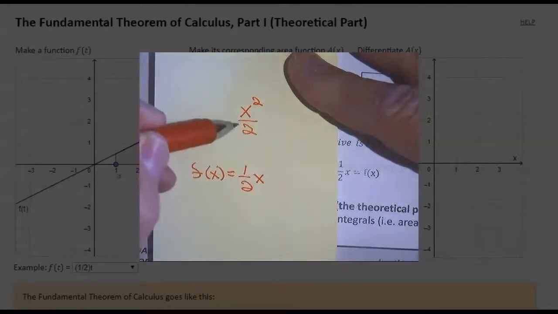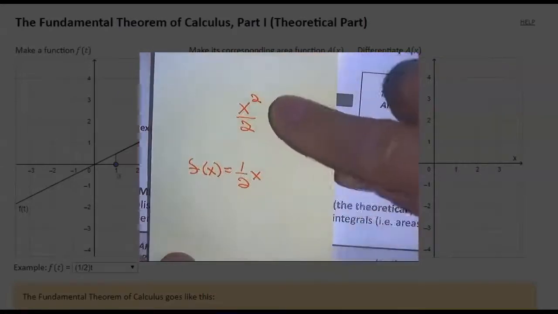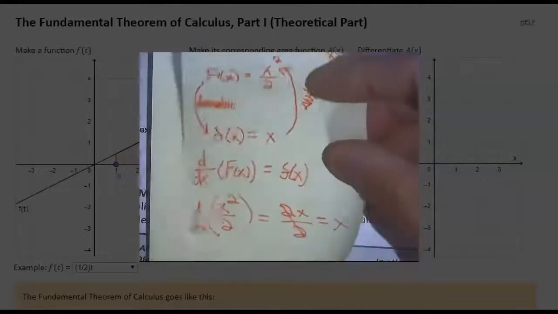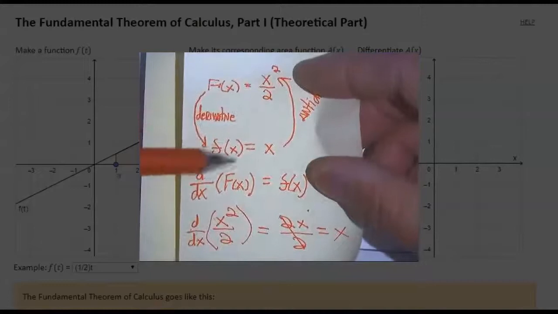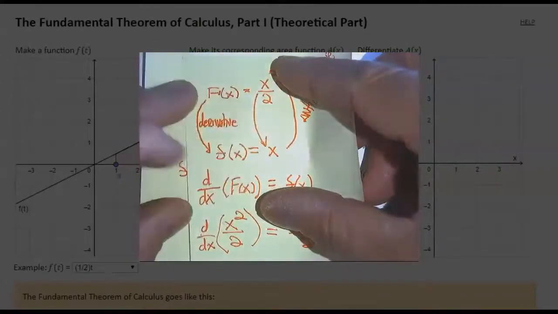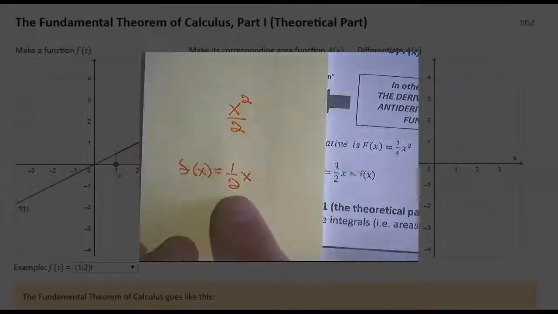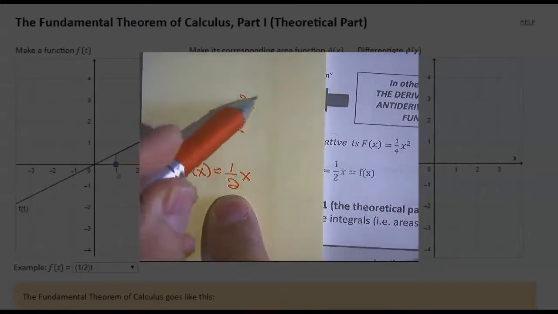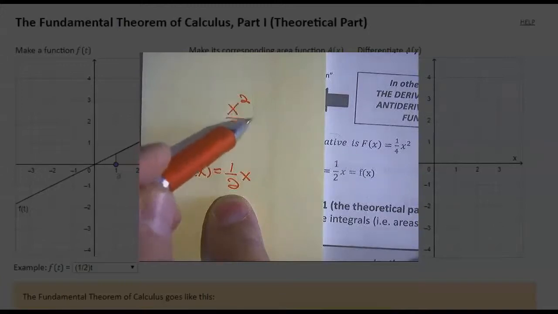Okay, now if I did the derivative of this, it would normally equal x. Okay, if you did the derivative, you'd get x. But now I want to get 1/2 x. So how would I make this? What would I add to this so that once I do the derivative, I get that?